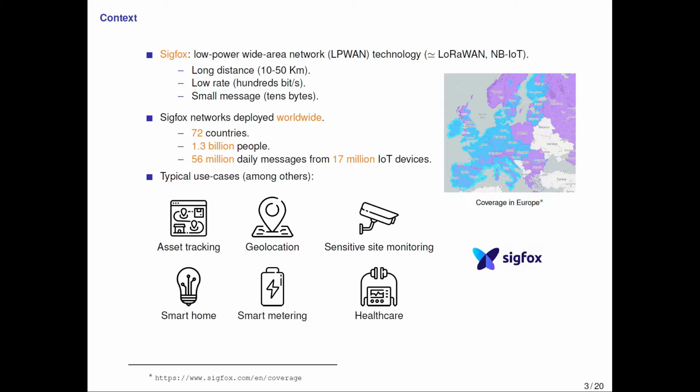Typical use cases include asset tracking, geolocation, monitoring sensitive sites in order to detect intrusion. Sigfox end devices are also used to interact with other equipment in smart homes, such as lighting, heating, and others. Sigfox is used to collect measurements, such as electricity, water consumption, for instance.